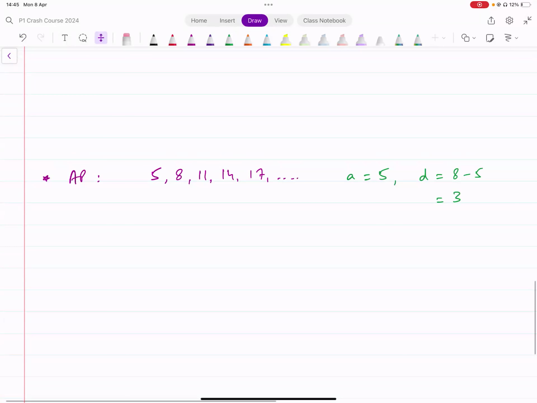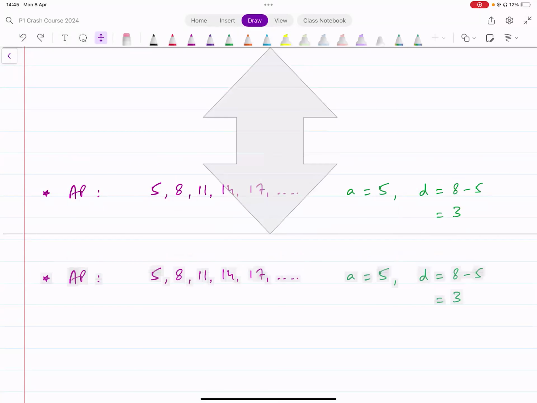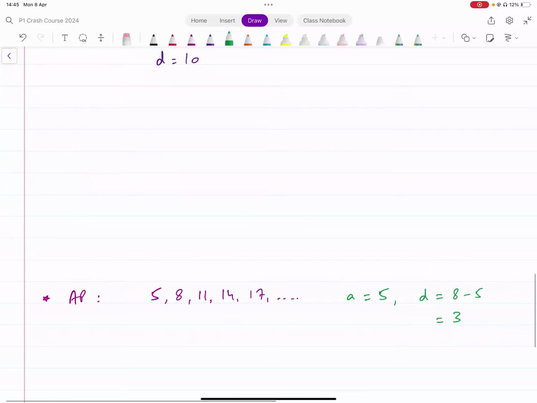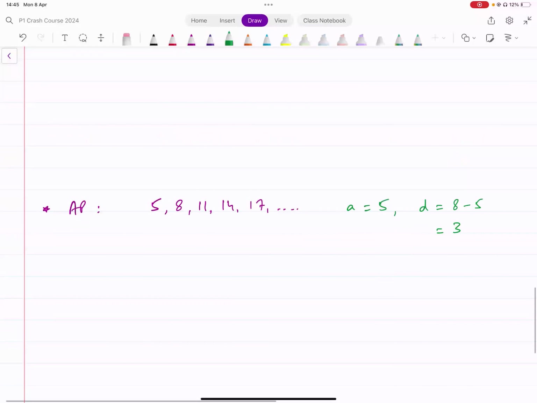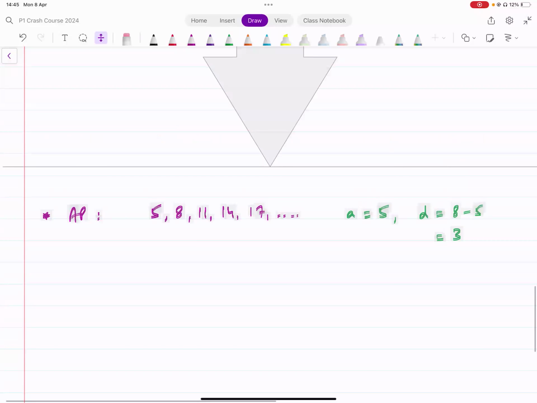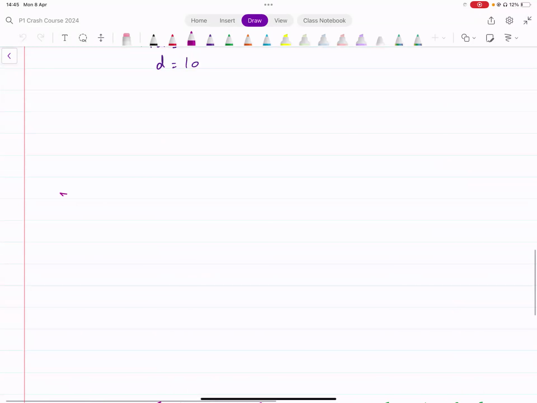Now, by the way, before we actually do this, let me give you another example quickly, so you understand the difference does not always have to be positive. If I had a sequence like this instead, maybe an arithmetic progression that looks like this.